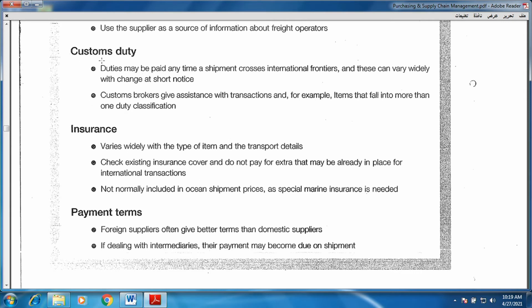And take care that when we find some importers working with equipments or cars, there is a table of customs duty they pay to the government, and it's very expensive when they add it to the common cost. So this is why when we see the cars here in Gaza, Palestine, or any other nation, we find the prices are very expensive in comparison to what we could purchase the same car for in their home country.